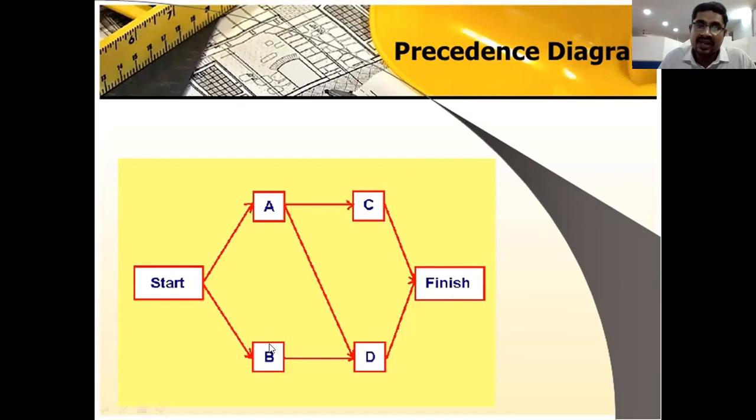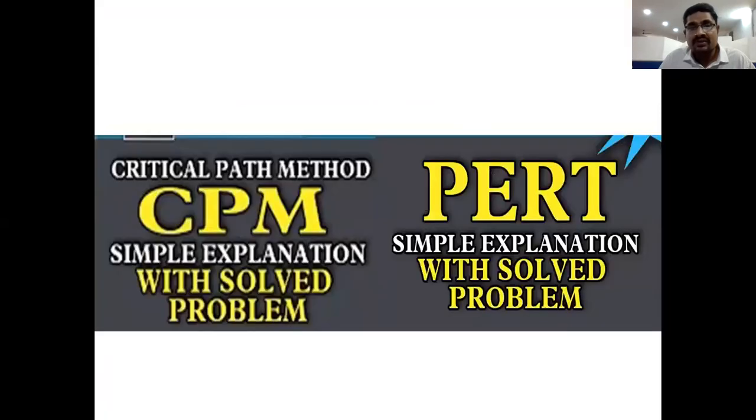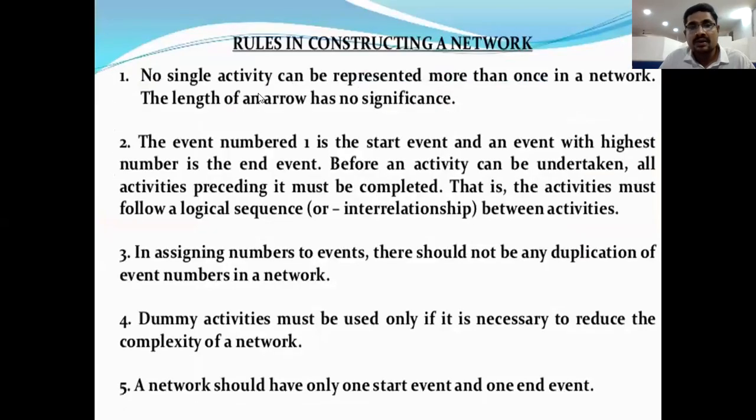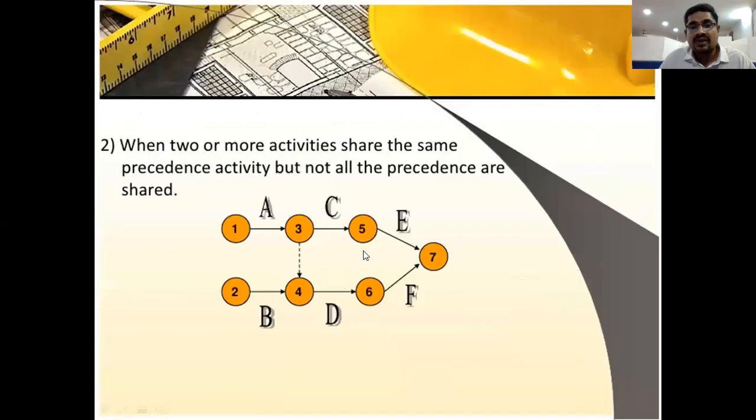Every network diagram has a starting point and a finishing point, and it looks like a circle form, right? We already mentioned these rules in constructing a network. Already I told you.